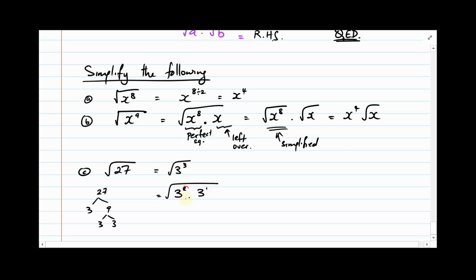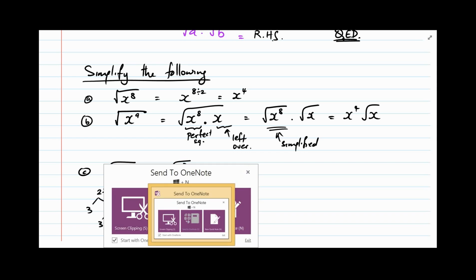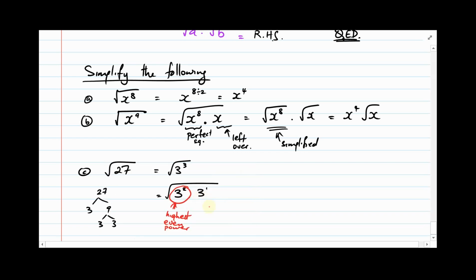This is the highest even power that we can get, and then here's my poor little leftover. What do I get? This would be the square root of 3 squared times the square root of 3. Simplifying, which is why you took out the even power, this was just 3 root 3.